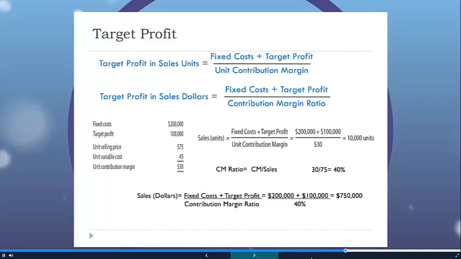We take our fixed cost plus our target profit and divide by our unit contribution margin, and that shows us that we need to sell 10,000 units in order to make a target profit of $100,000. In sales dollars, we would take that fixed cost plus our target profit and divide by our ratio. That shows us that we need sales dollars of $750,000 in order to reach that target profit of $100,000. You can prepare your income statement to verify this if you would like.